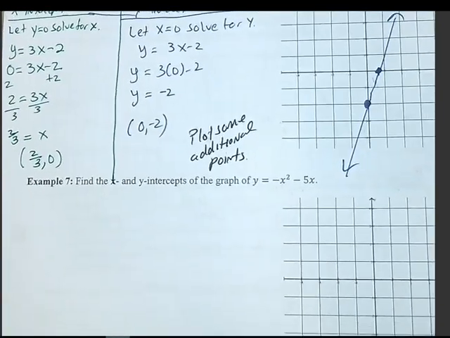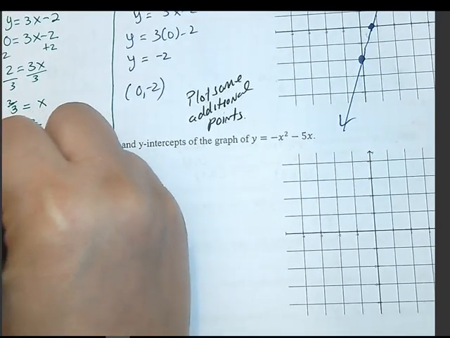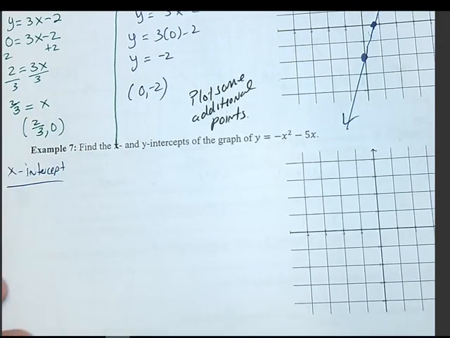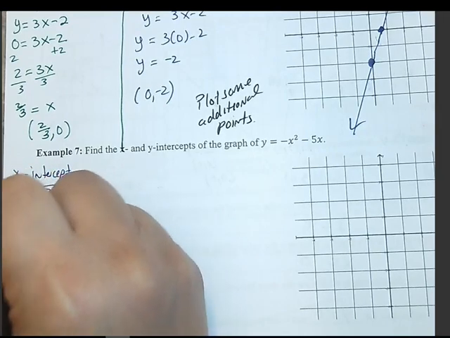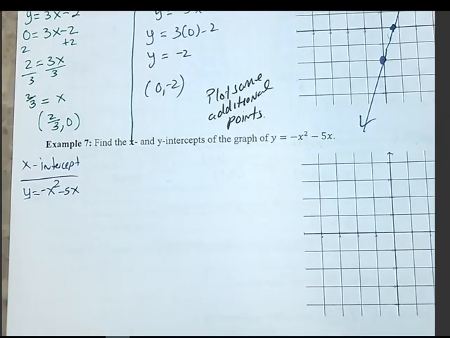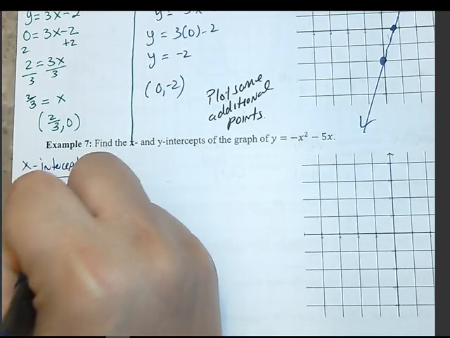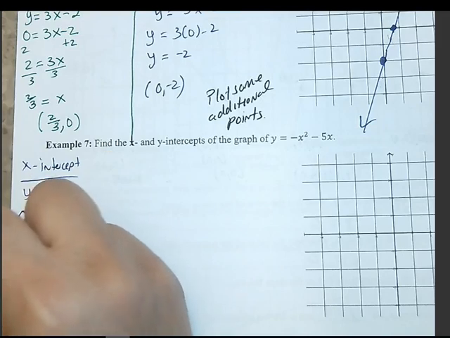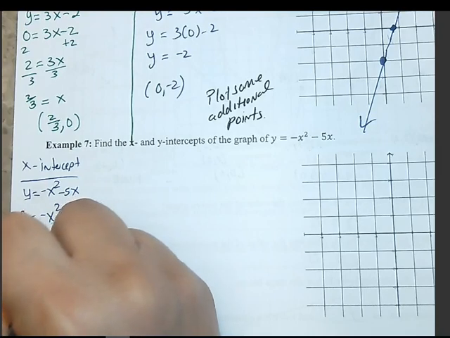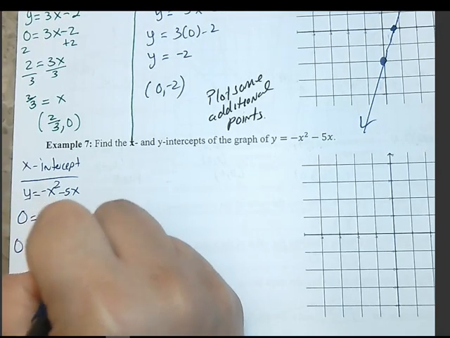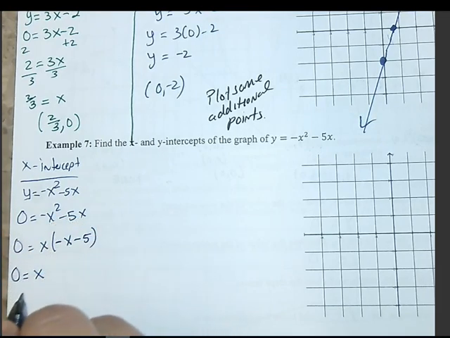Okay, so let's try example 7. We'll find the x-intercept first. So for the x-intercept, remember we're going to let y equal 0. So notice they have x's in common, so I can factor out an x. And I can use a 0 product property.